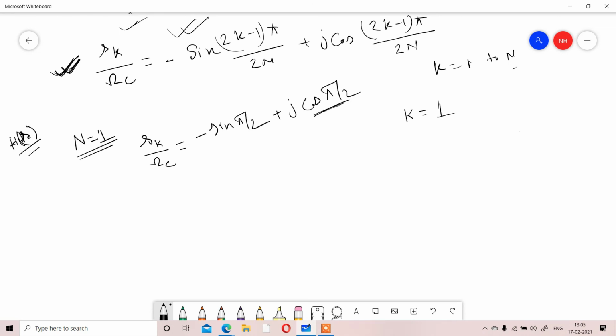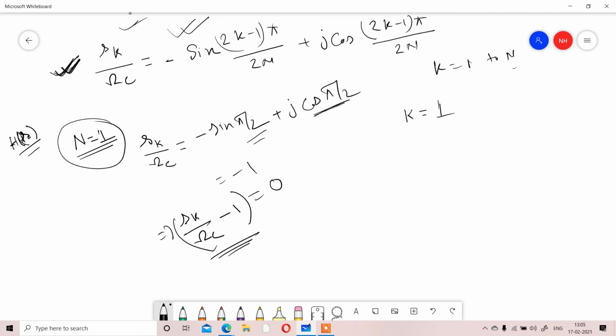Cos pi by 2 value is 0, sin pi by 2 value is 1, so it will be minus 1. So s_k by omega c minus 1 equal to 0. So that will be your denominator value for the transfer function when we are considering n equal to 1.